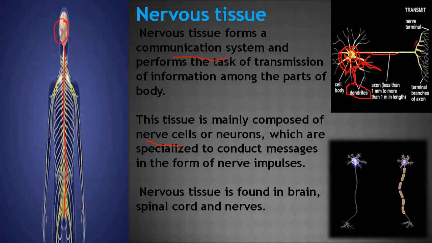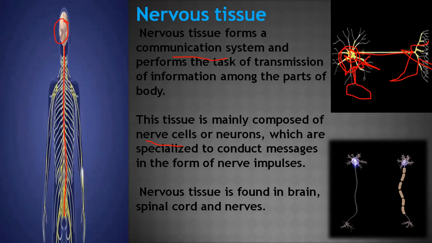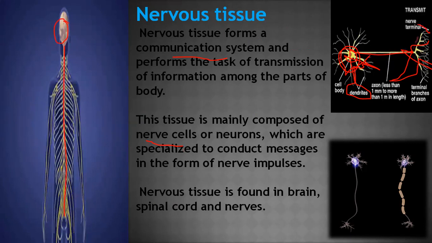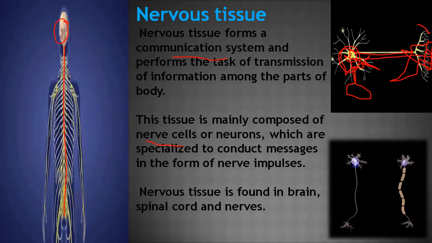This long tube is called the axon, and these endings are called terminal endings. Messages go from the cell body to the terminal endings. Another nerve will join this nerve from here, and the message moves from one neuron to another neuron, conducting messages from the brain to the whole body.